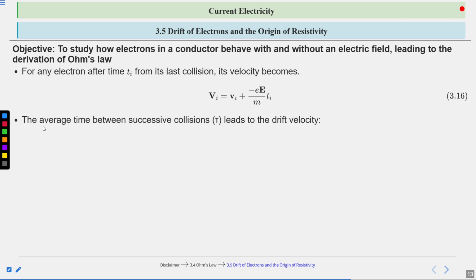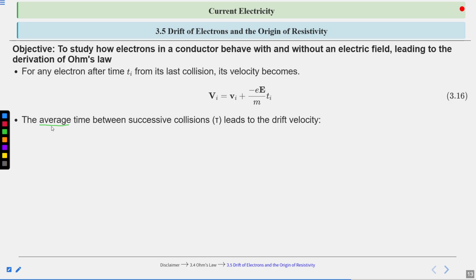So we are taking the average time, not a specific time. We are taking the average of all the times between the successive collisions through which the electron goes. Suppose the electron has gone through 100 collisions. The time between every two collisions is different, so we cannot take one time arbitrarily.